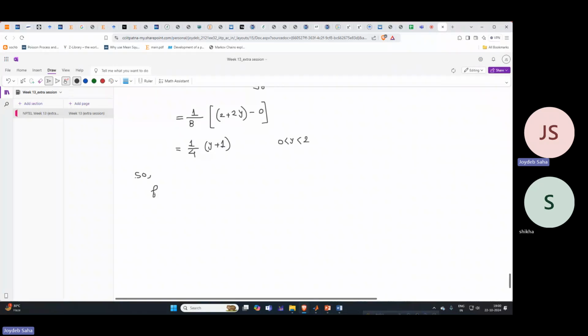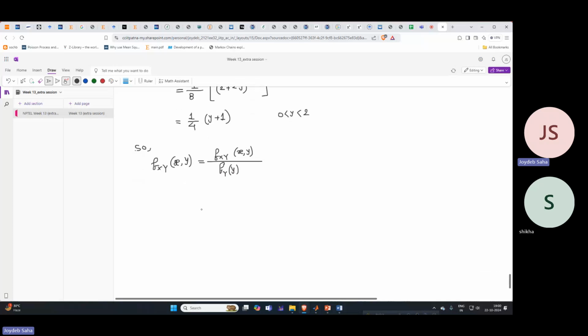So if we calculate f of x upon y, this is f of x comma y upon f of y.